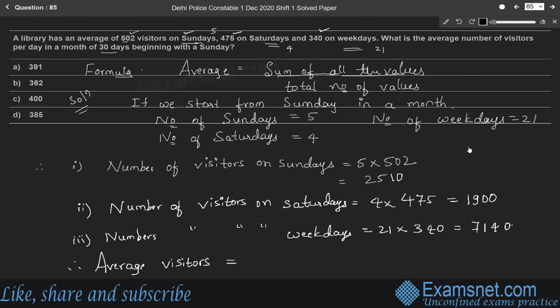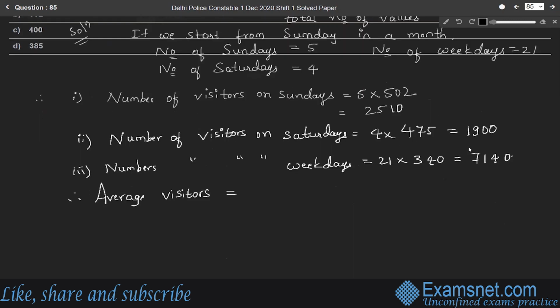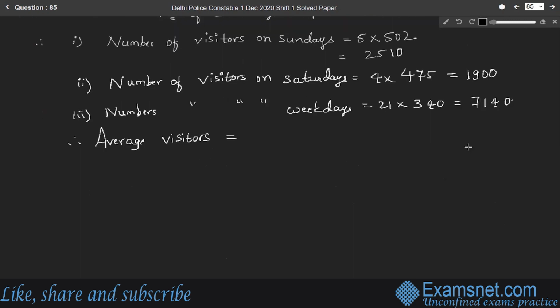Therefore, according to the question, what is the average number of visitors per day in a month? From the formula, average is the sum of all values divided by the total number of values. Therefore, it is the sum of all visitors divided by the total number of days in a month, right?